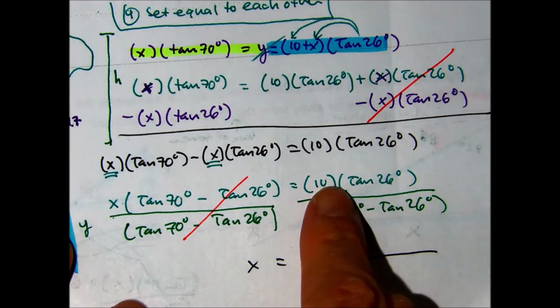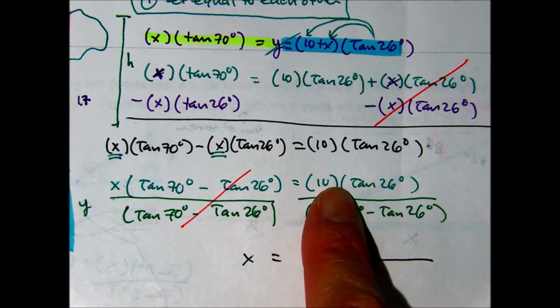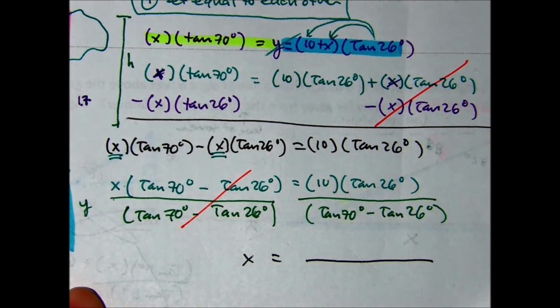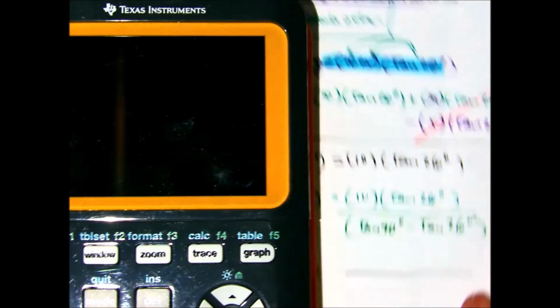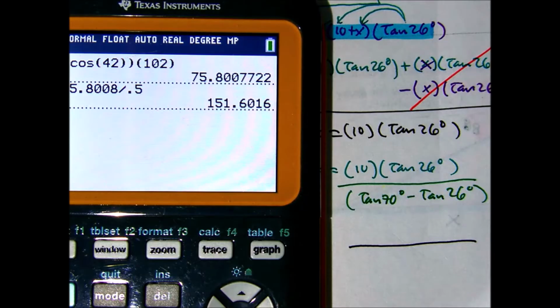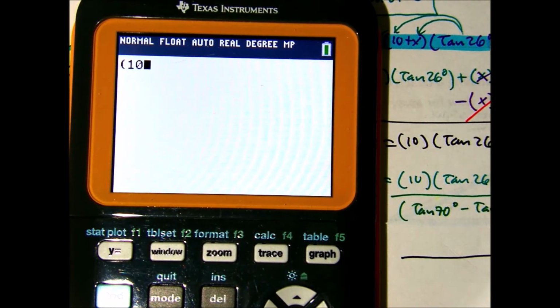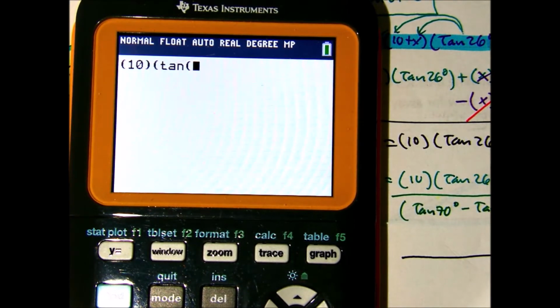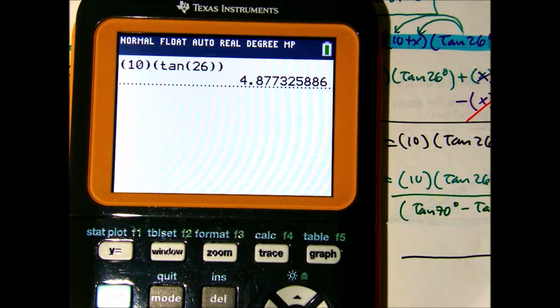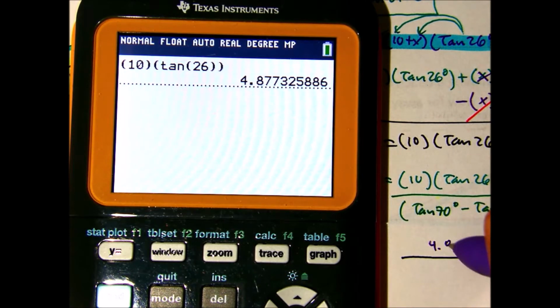I'm going to evaluate these separately, so I'm going to do the numerator and get a decimal. So 10 times the tangent of 26 is 4.8773.